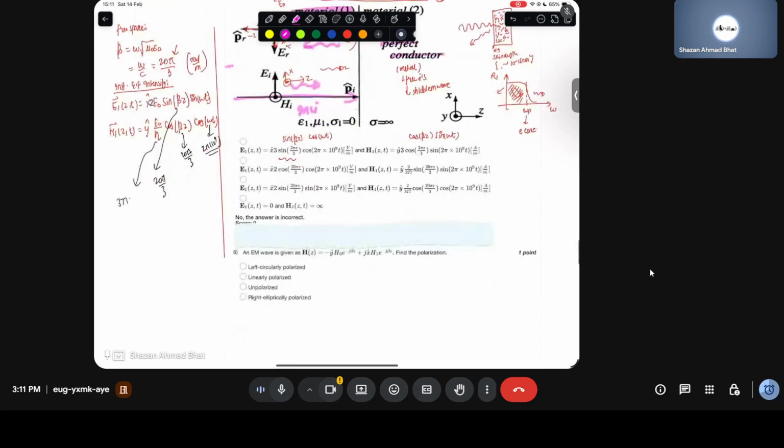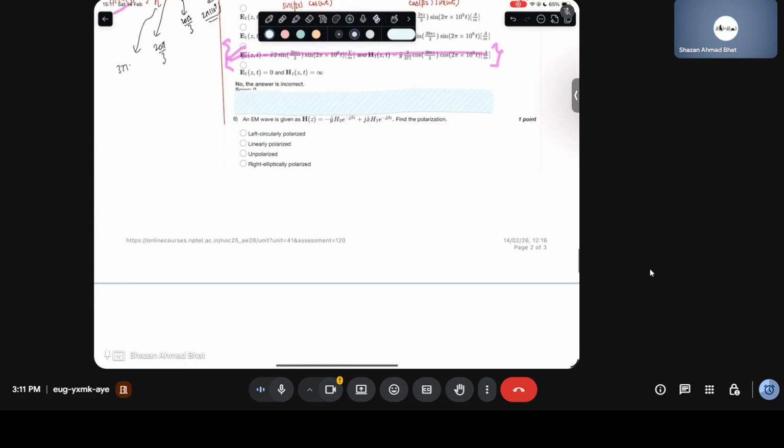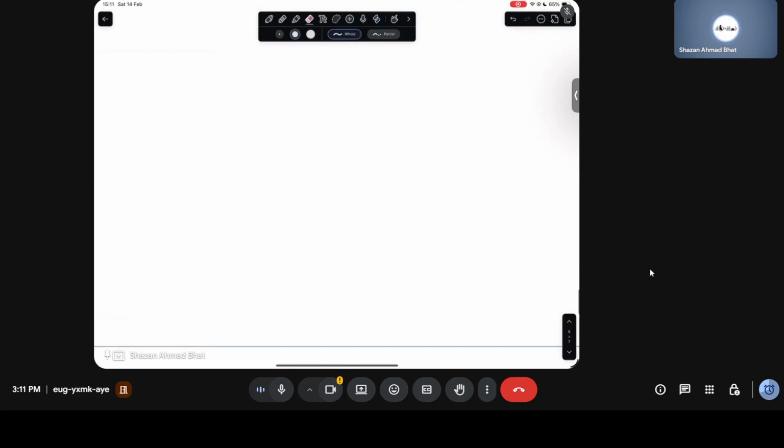So in free space it is exactly this value. It's 20 pi by 3, but there's a factor of 2. So the essential answer is part C. This is the exact answer to this question. Okay, so that is about this question.